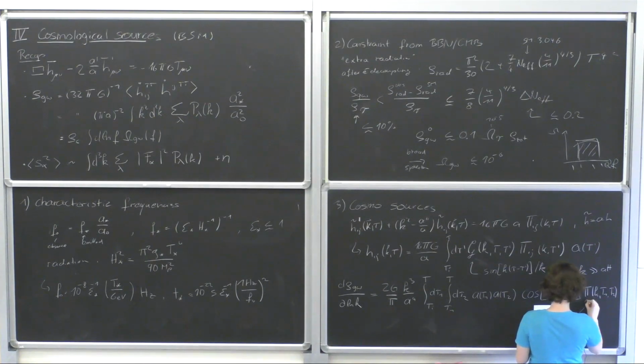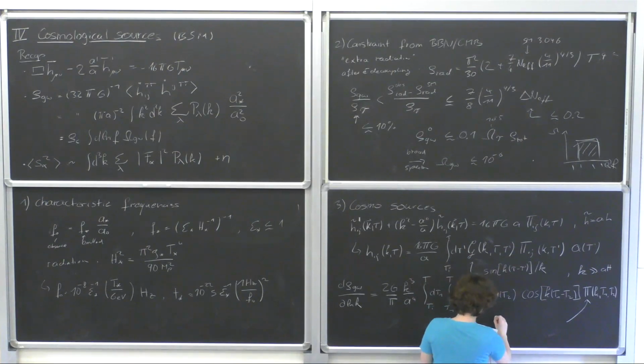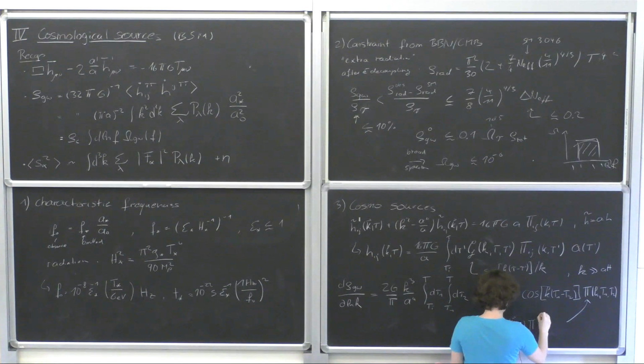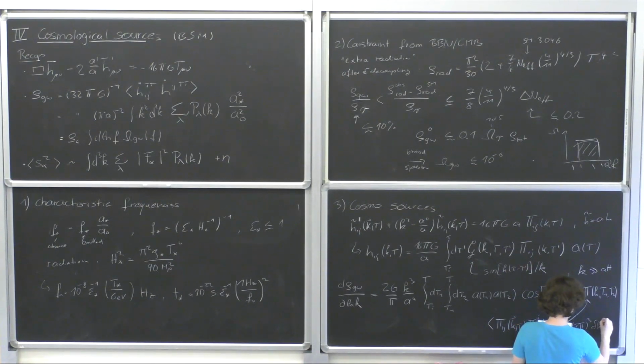But what is this thing? It really just comes from combining two of these factors. So it's the expectation value, or the average, of pi_ij(k, tau) contracted with pi_ij(k prime, tau prime). And this will give you (2 pi) cubed delta function, using, again, isotropy, and then this object here.